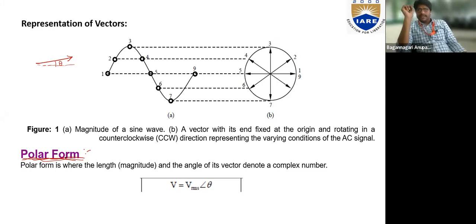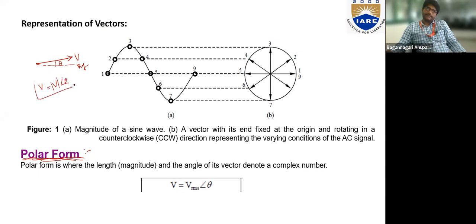Polar form is where the length and the angle of a vector denote a complex number. Suppose this is a vector, some vector you call V, making an angle theta with some reference. How do you represent this vector? This vector V can be represented with two terms, that is the magnitude of the vector at an angle of theta.